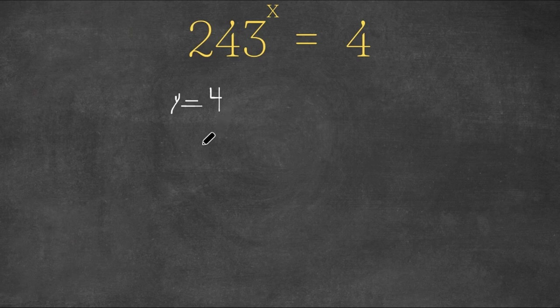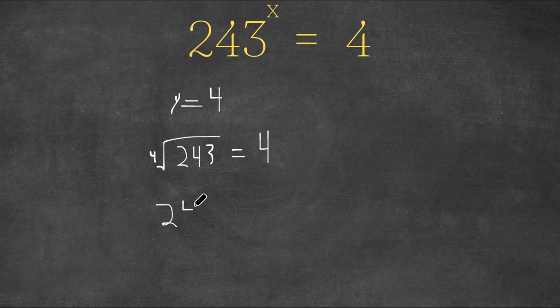So 243 to the 4th root is equal to 4. And isn't this the same thing as saying 243 to the power of 1/4 equals 4?